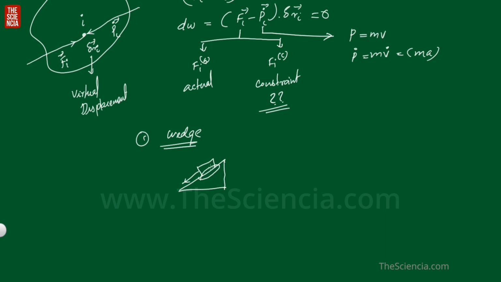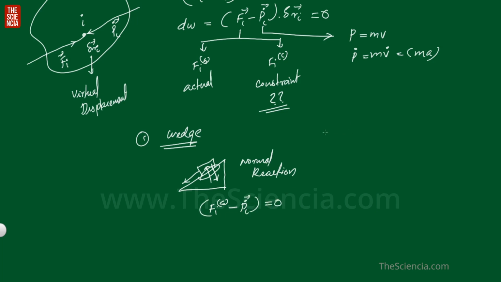One force is acting on our wedge and the other force is acting on our sliding body, right? These two forces are equal and opposite and they will cancel out. This force is what we call the normal reaction. And these forces will cancel each other. So here the constraint force Fi^c minus Pi dot will be equal to 0.